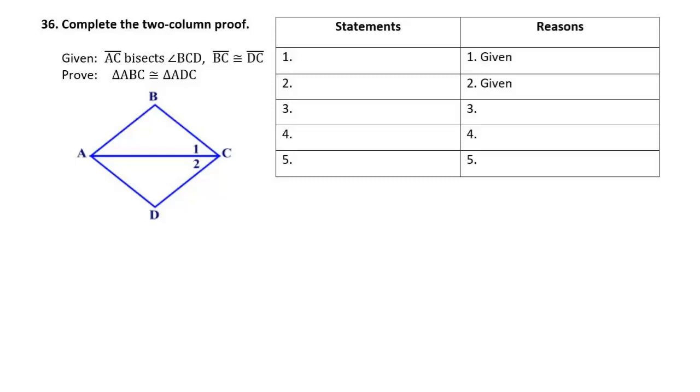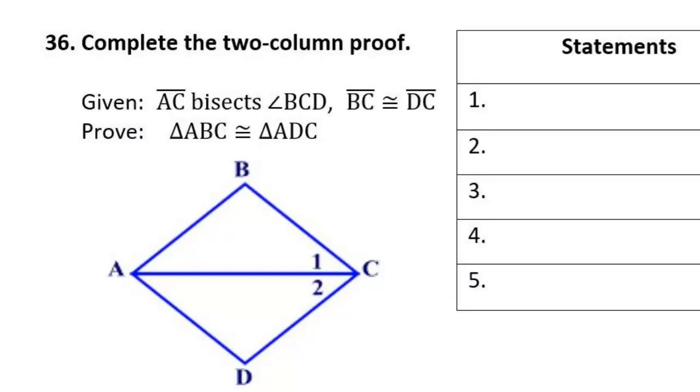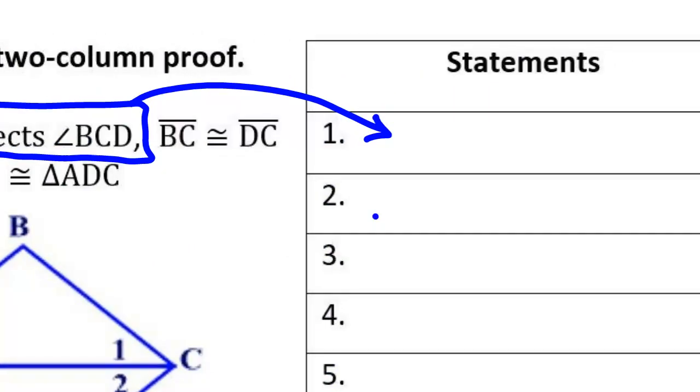Number 36. Complete the 2-column proof. We have 2 lines that they tell me we're going to use for our given information. So I'm going to put one piece of given information on each line. We're going to have AC bisects angle BCD on one line.